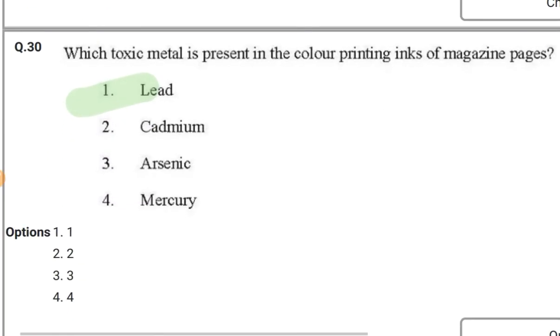Which toxic metal is present in the color printing inks of magazine pages? Color printing ink contains the poison lead. This lead is dangerous for children. Next question.